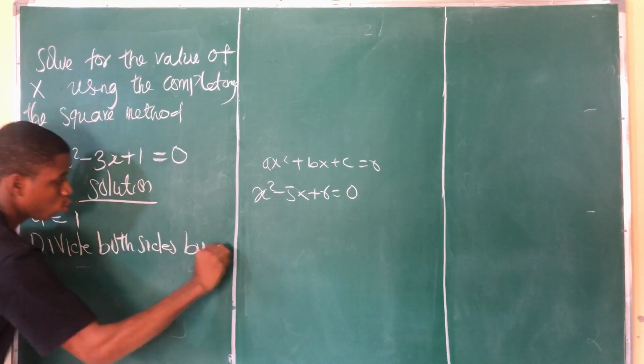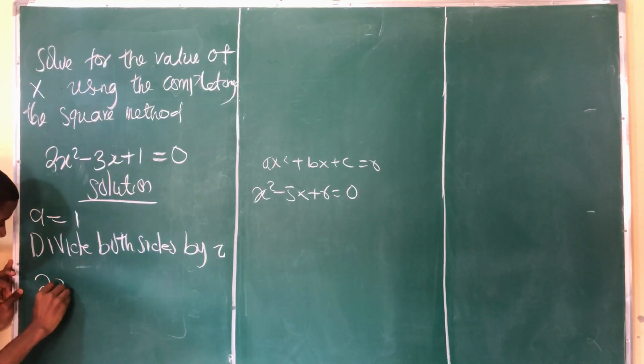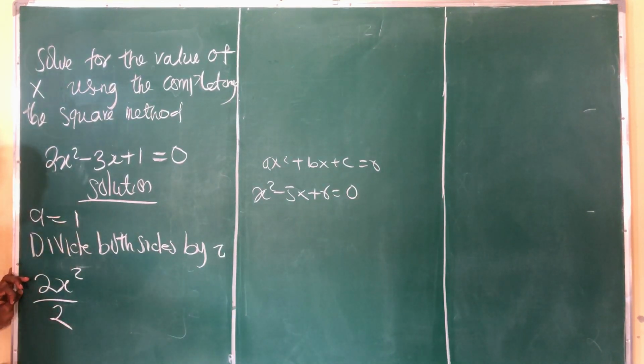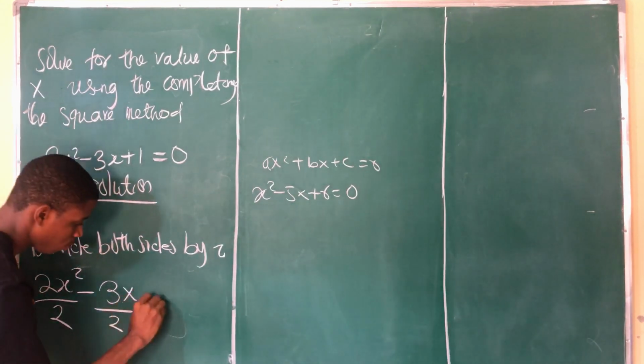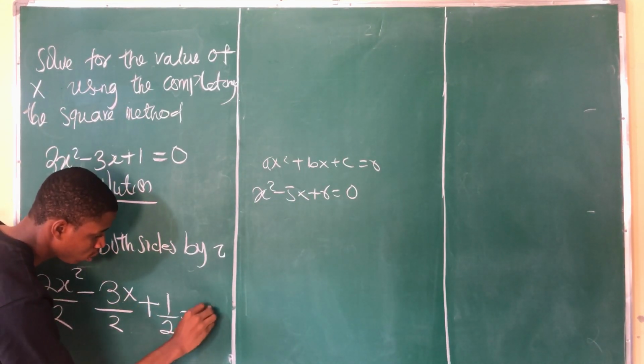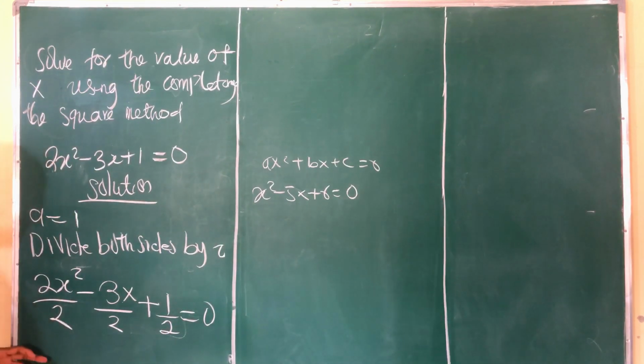So doing that, you divide both sides by 2. You have 2x²/2 − 3x/2 + 1/2. When you reach this point, this will cancel this.